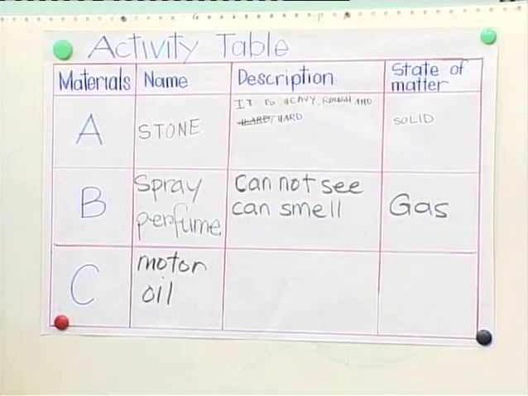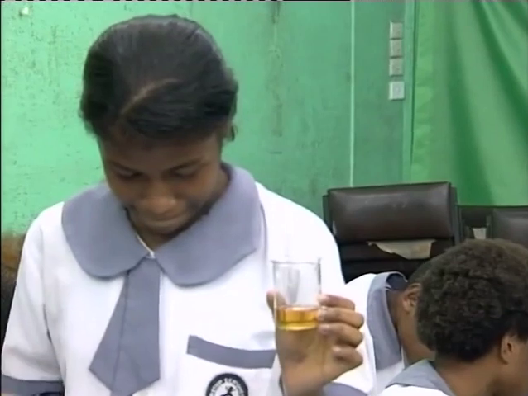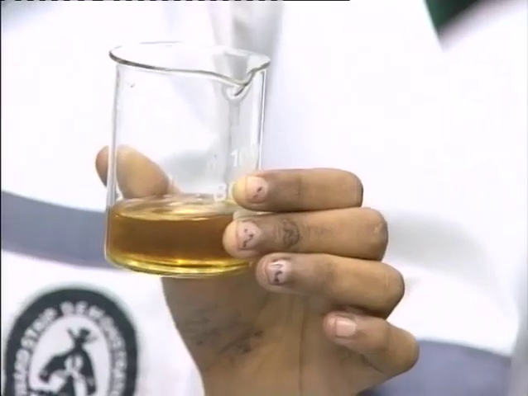Name of material, it's motor oil. It's yellowish and used for cars. And you can feel it, and it's a bit oily, sticky, and watery. Could you show it to the class, what you are describing? It is a motor oil. It is sticky?